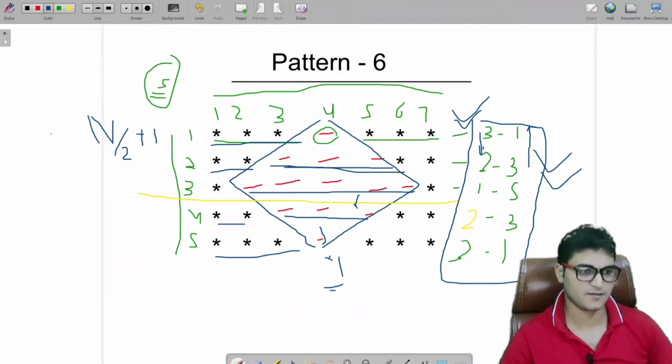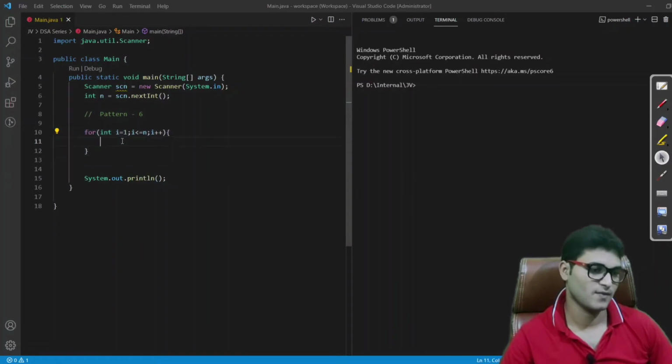Here n is 5 and n by 2 is 2, plus 1 equals 3. So initially we will take this logic for stars, and we will initialize our space variable to 1, because we have only 1 space at the initial level.